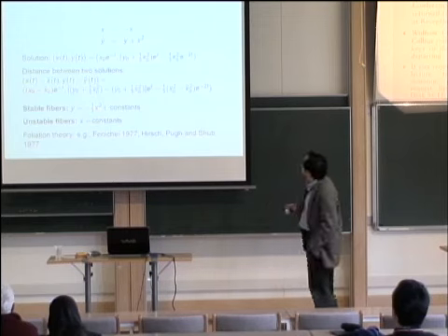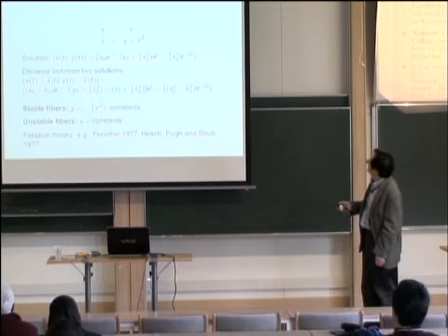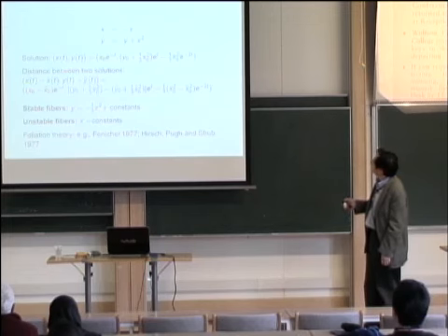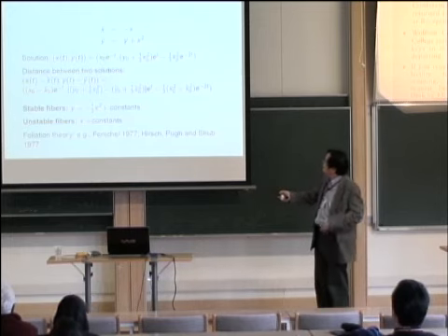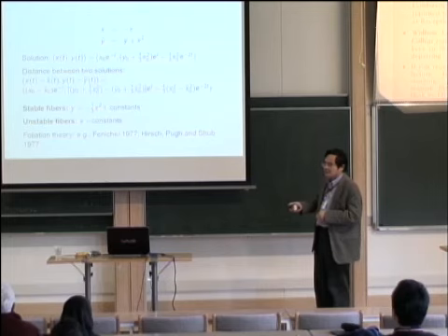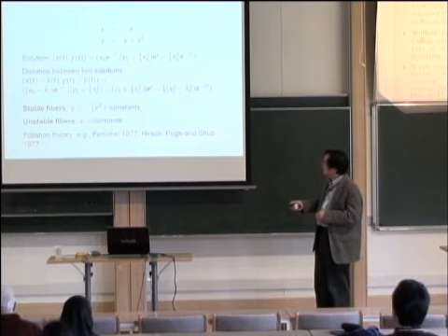Now, how about the foliation? What's the impact of nonlinearity on foliation? Same system, nonlinearity here, I can write down solutions. I can write down the distance between two solutions because I want to see if they asymptotically approach each other, right? So I computed the distance between the two. What's a stable fiber? Can you recall the definition? It says when t goes to positive infinity, if I start at two points on it, they will approach each other with the same rate.